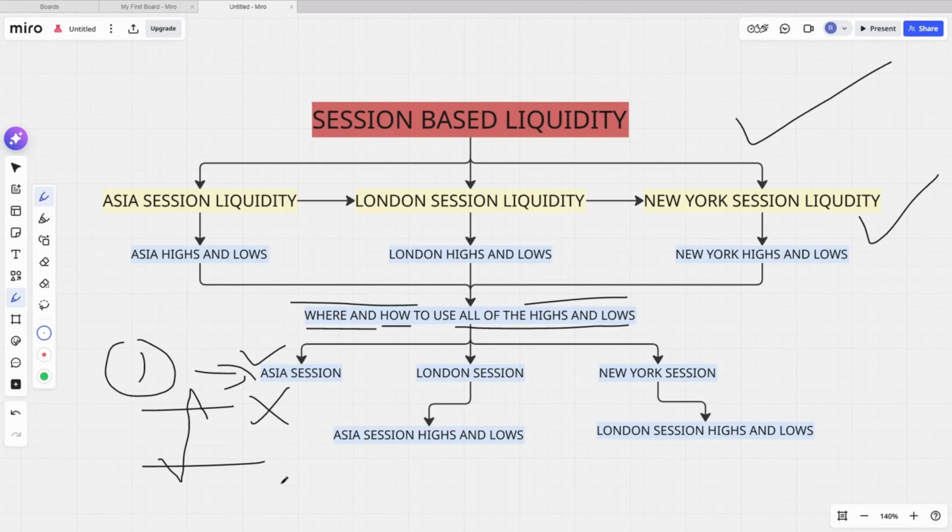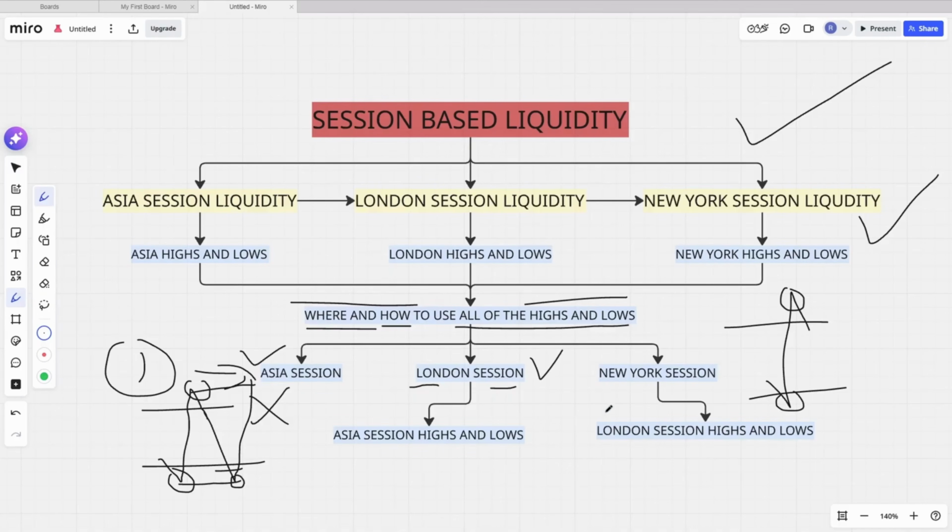When the market moves into the next session, which is the London session, we begin to use the highs and lows that were formed during the Asian session. These Asian session highs and lows are treated as swing highs and swing lows. They act as liquidity targets and reference points from which we look for trade opportunities during the London session. In the same way, when the market transitions from the London session into the New York session, we shift our focus to the highs and lows created during the London session.